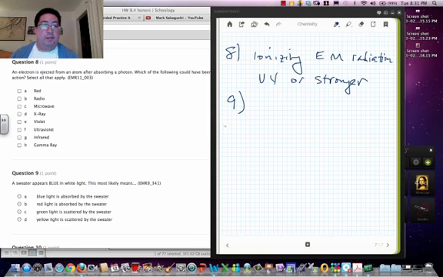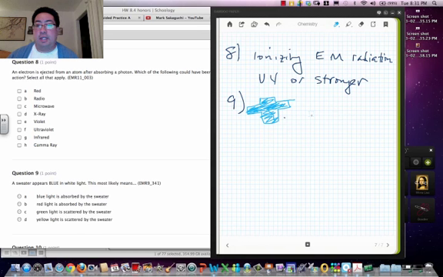A sweater appears blue. So here's our blue sweater. Let's pretend it's a turtleneck since I can't draw, and it has uneven sleeves. So here we have a blue sweater, which really looks like a plus. I don't want to hear it.